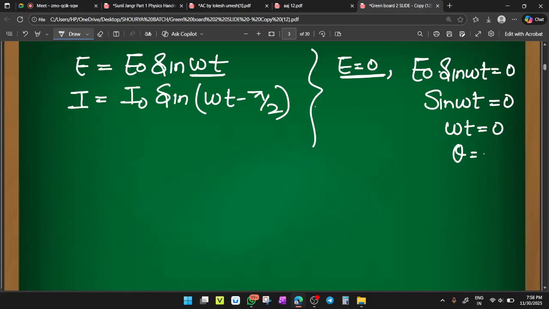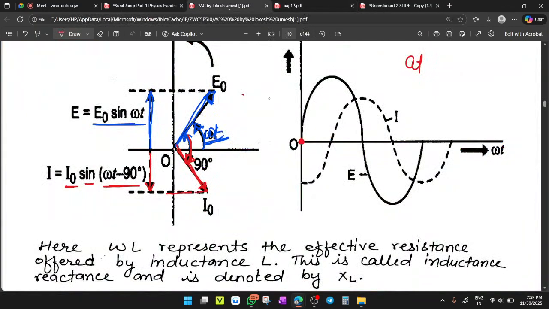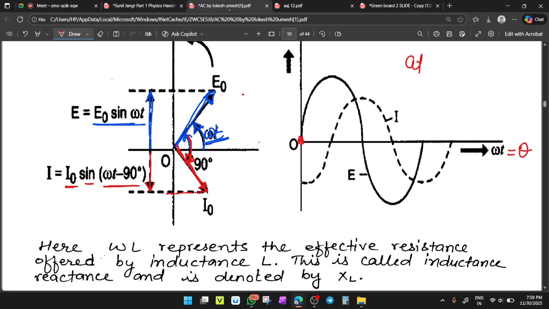Omega t is equal to theta, so theta equals 0. So the phasor of the alternating EMF will start from theta equals 0, because omega t equals theta. This is 0, this is pi, and this is 2 pi.